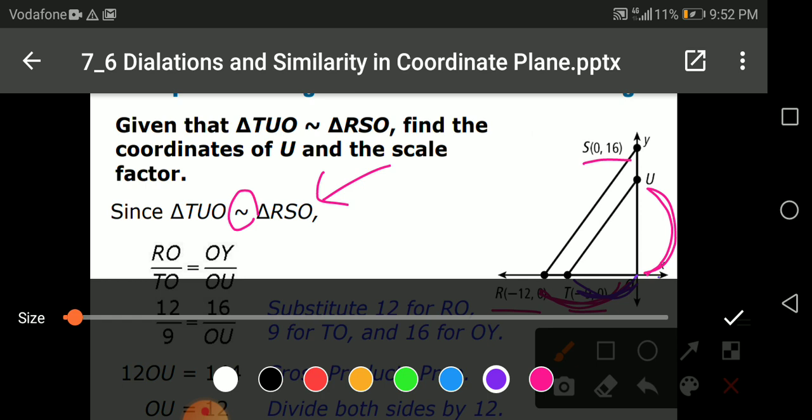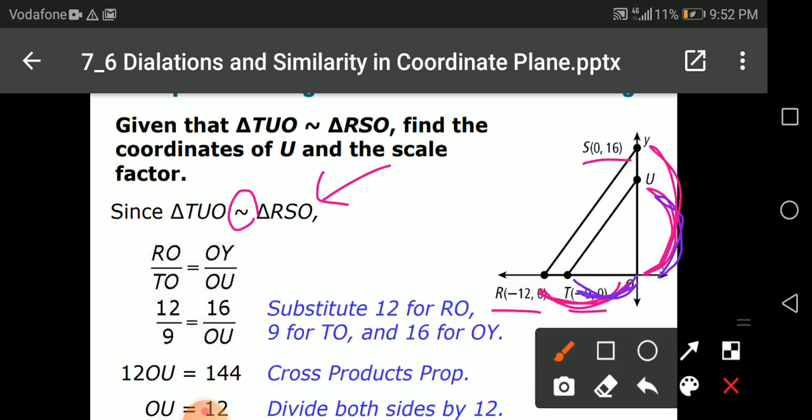So let this be with the purple and the other with the pink.